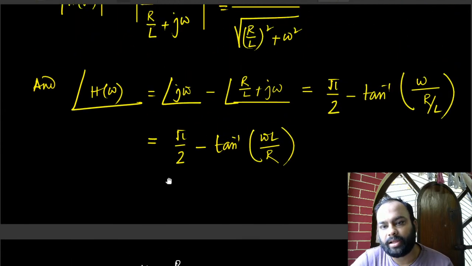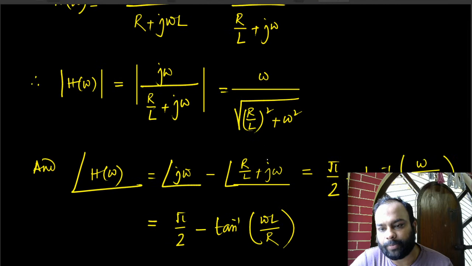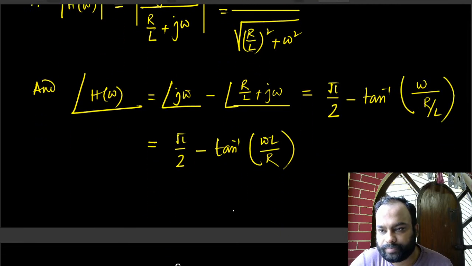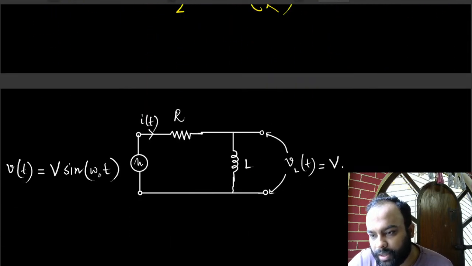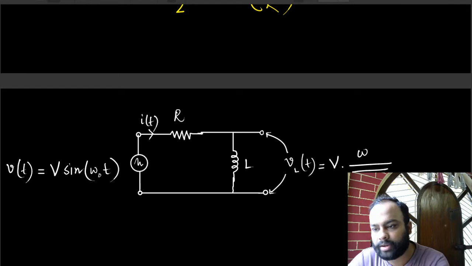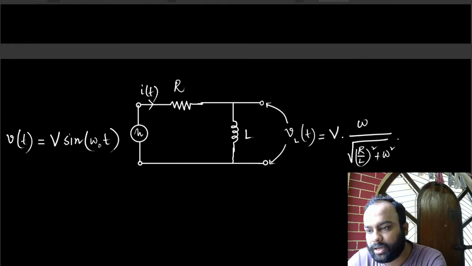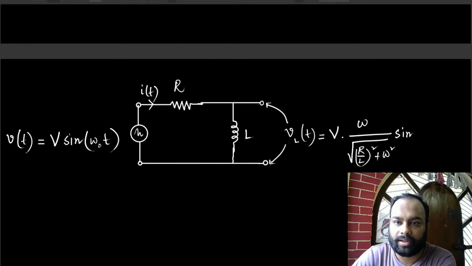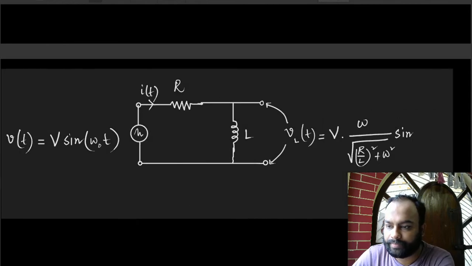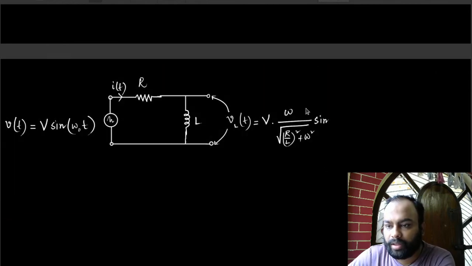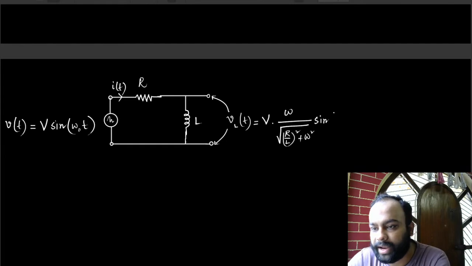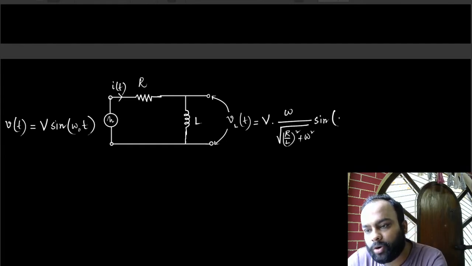then this amplitude response, where is it? Yeah, this one, into ω by root over (R by L) whole square plus ω square, because that was it, into sine ω naught t.